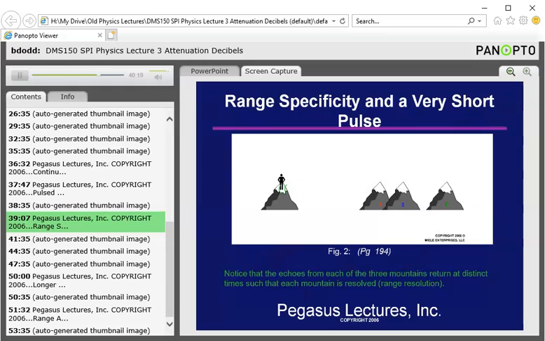Okay, if this is soft tissue, how fast is it traveling? 1540, right. What else do you need to know? The time. The time from when he sent out the signal till it got back to him. And then you can calculate how far away it was. All right? So let's do that real quick.